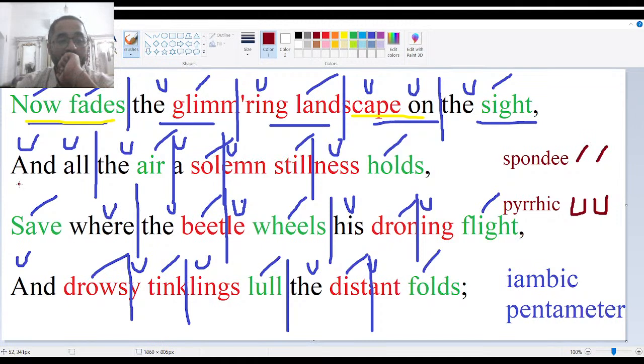In the next line we have the sentence opening with a pyrrhic, and all, and then you have no variation whatsoever in the same line. In the next line you have a trochee. This is a trochee.